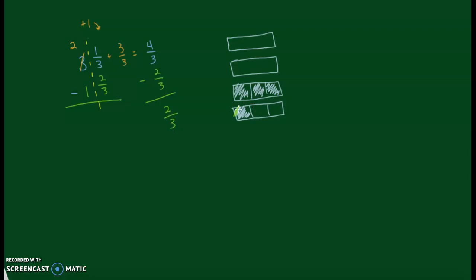So I can take away 1/3, 2/3, which leaves me with these 2/3. Now over on this side I can do 2 subtract 1, and that gives me 1. So if I take away this one, that leaves me with this one. And when I combine those, my correct answer is going to be 1 2/3.